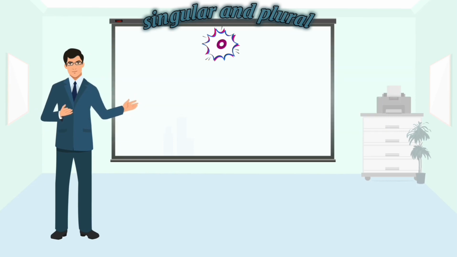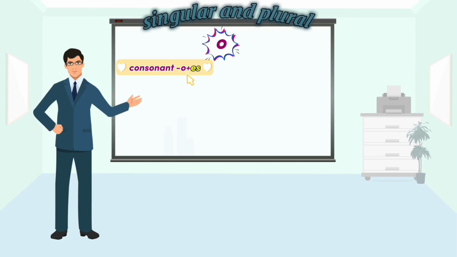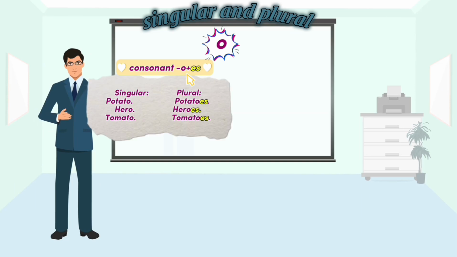Next, for nouns ending in the letter O, we also have two rules. First, if the letter before the O is a consonant, then es is added. For example, potato becomes potatoes, because the final O is added with es.